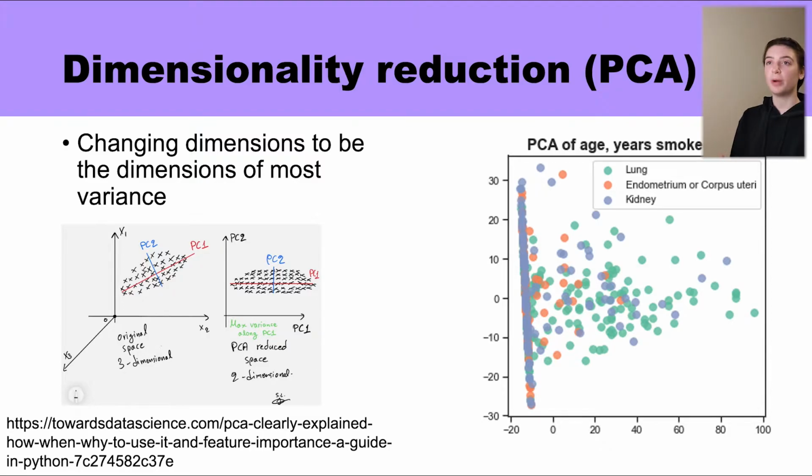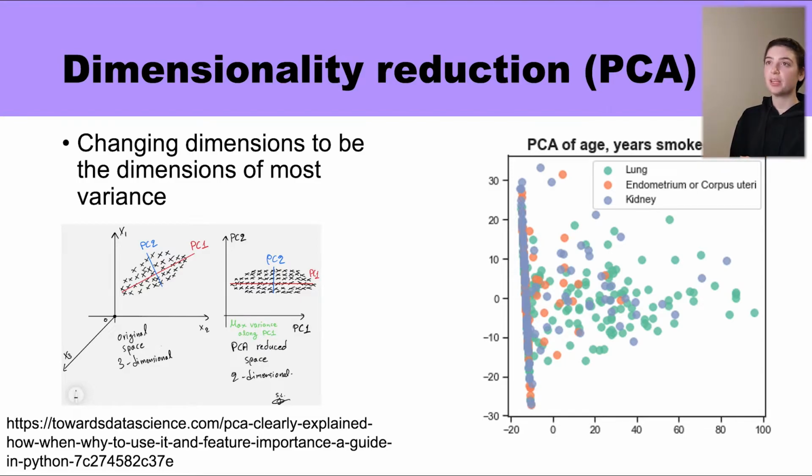One of the most common ways that most of you probably would have heard about is principal component analysis. What you're doing is transforming your data to capture the components of most variation. If you have all your principal components, they fully explain all the variation in your data set. However, usually we'll cut it down to just the first 2 for visualization, or the first n for however much variation you want to capture.